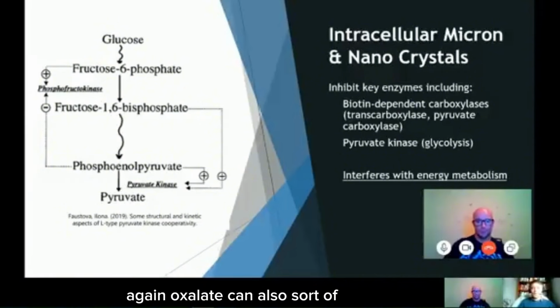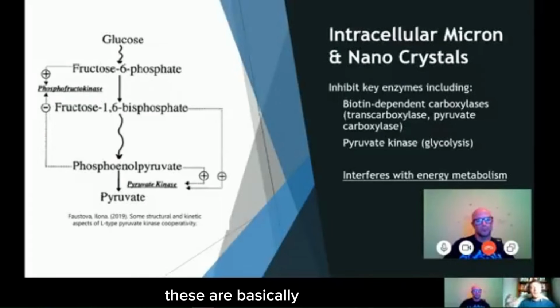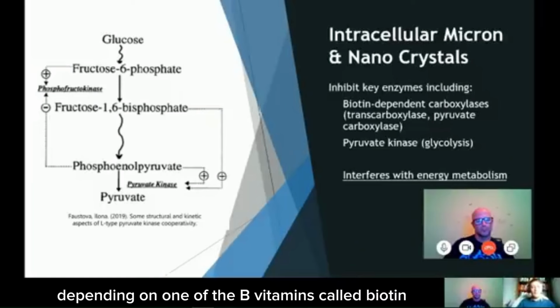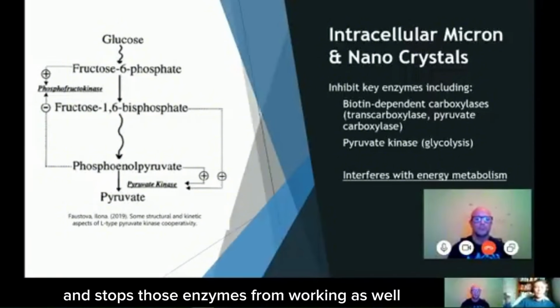Again, oxalate can also insert itself into other enzymes, which are called carboxylase enzymes. These are dependent on one of the B vitamins called biotin. What oxalate does is it essentially inserts itself into the place of biotin and stops those enzymes from working as well.